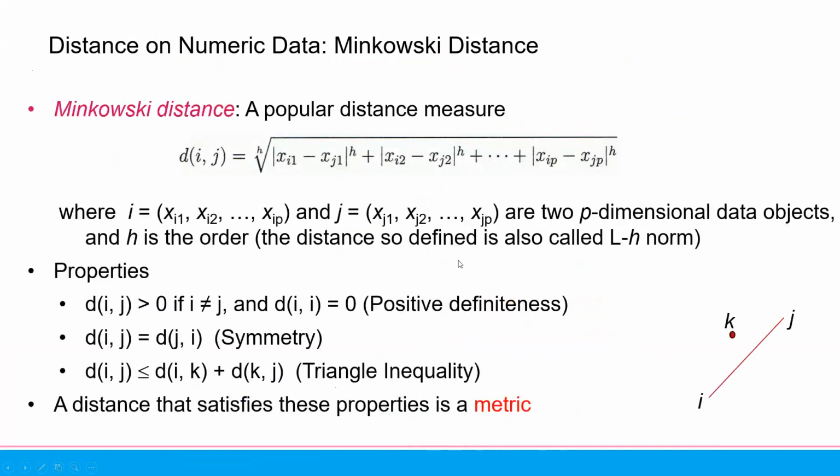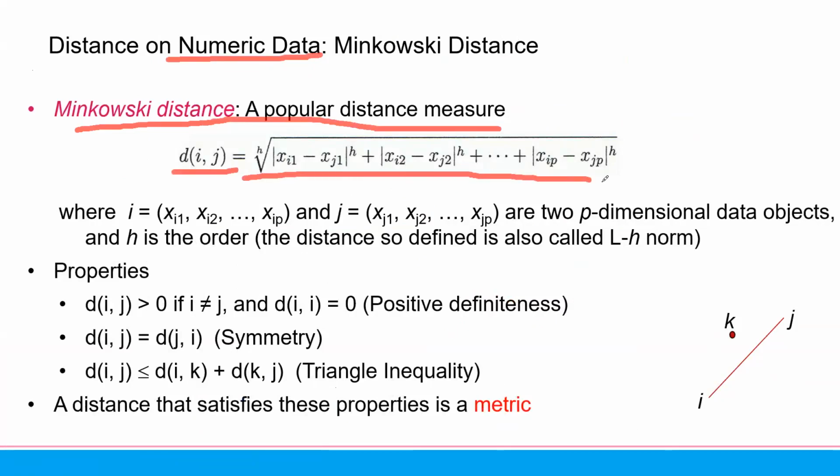We have the Minkowski distance. Minkowski distance is the distance for numeric data. Minkowski distance is a popular distance measure, and we can calculate the Dij with this formula.